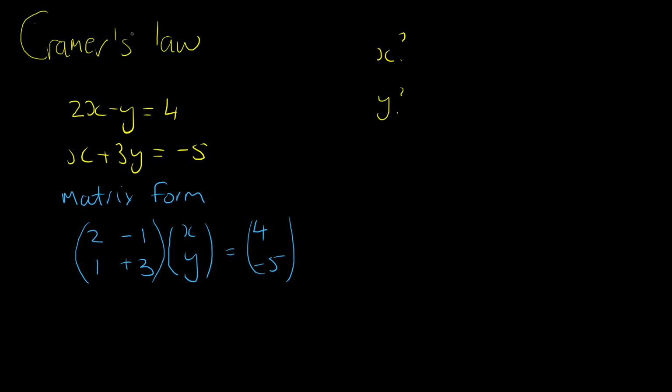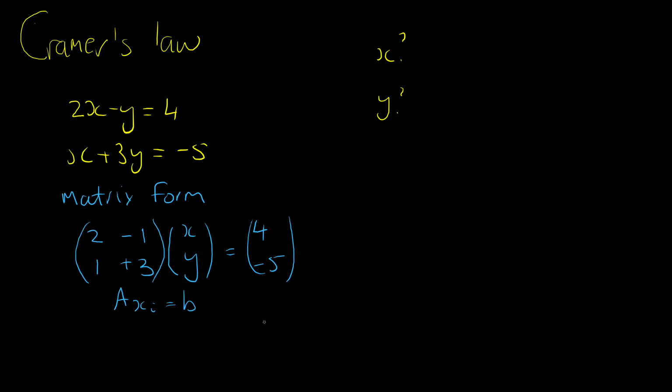For Cramer's law to work, we need to get it in the form A Xi equals B, where A is the matrix of the coefficients, Xi is like x1, x2, or x, y, which are the variables, and B is the answer of the equation. Now we've got it in matrix form.